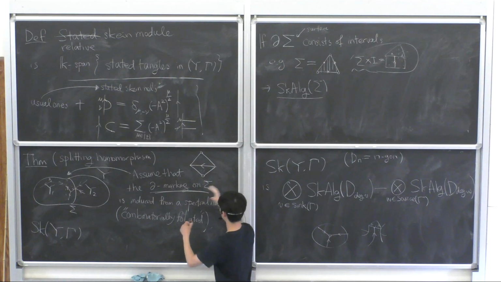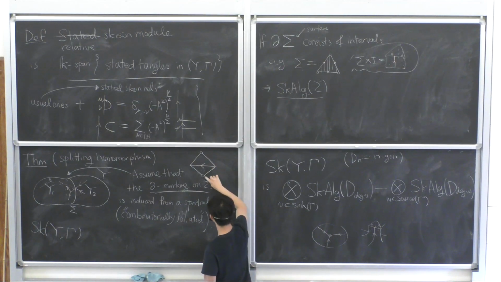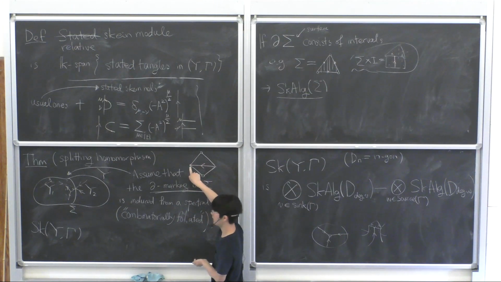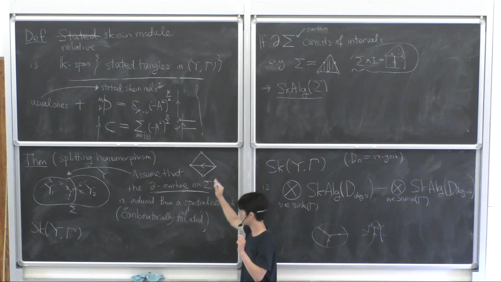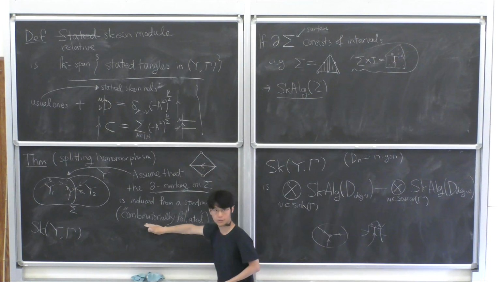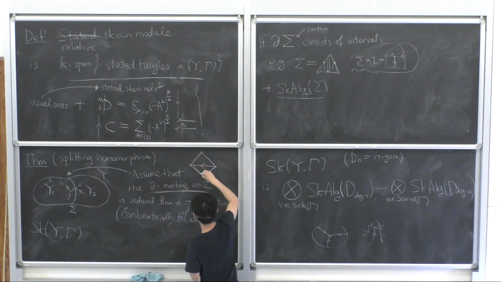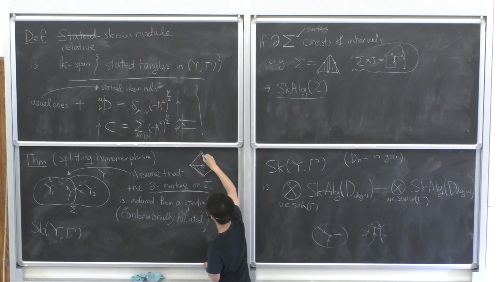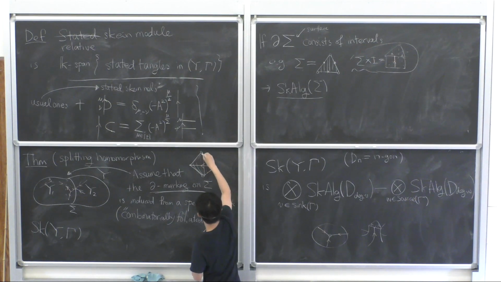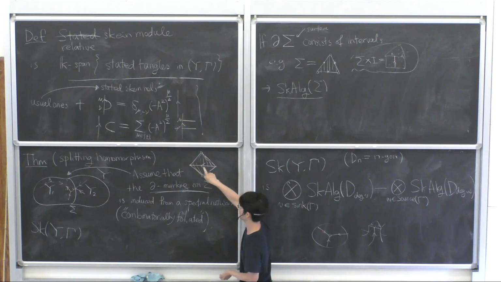We're only allowed to glue these together along the edges in such a way that this vertex, which is a sink, remains a sink, and this vertex, which is a source, remains a source. Any such surface we call combinatorially foliated, in the sense that it has this one-dimensional foliation, which is in one-to-one correspondence with these points.